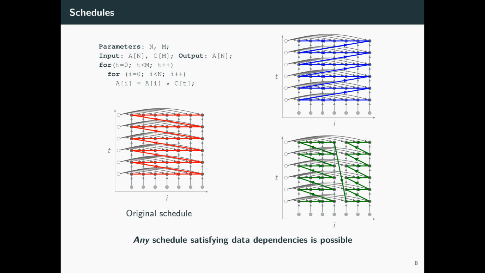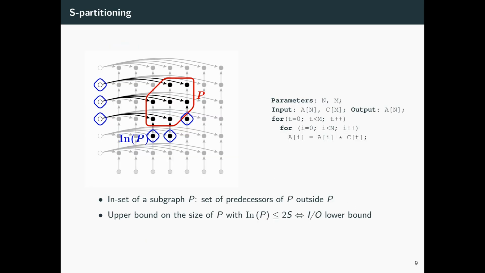And it is not possible to enumerate all possible schedules because there are way too many, so we need a way to prove that a schedule cannot perform better than some quantity. The way to prove this is with a technique called S-partitioning.